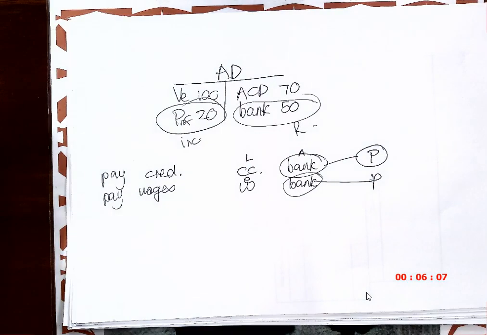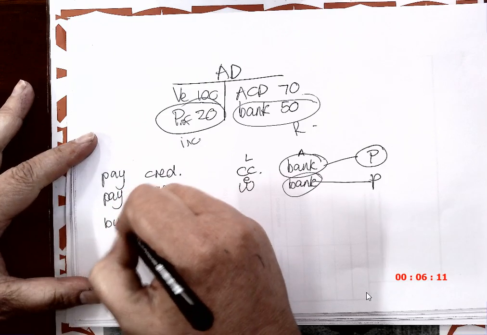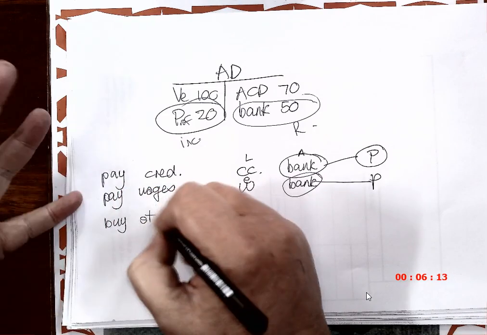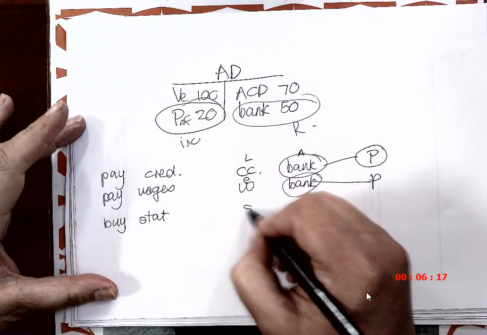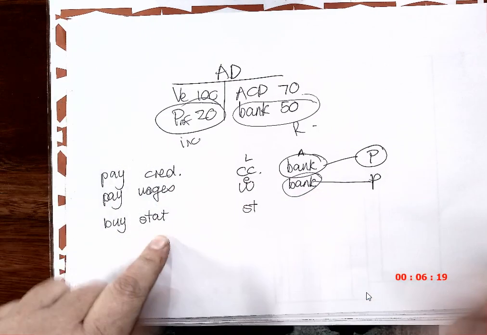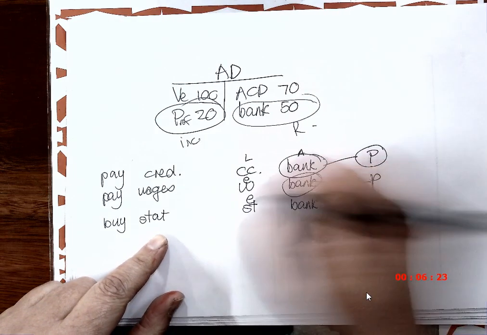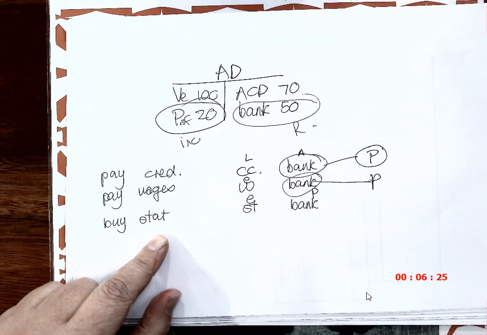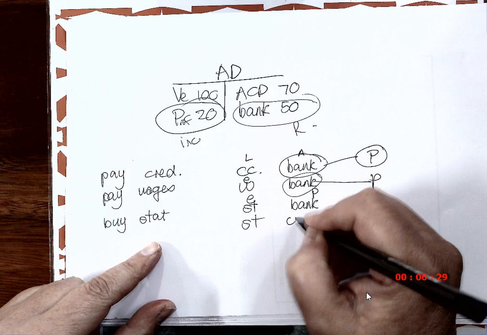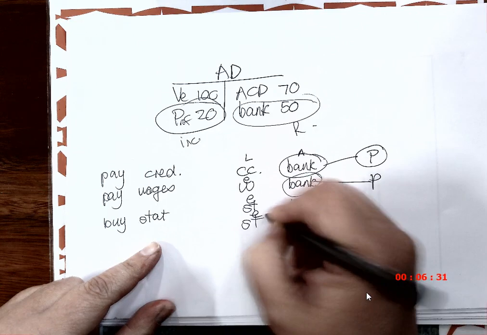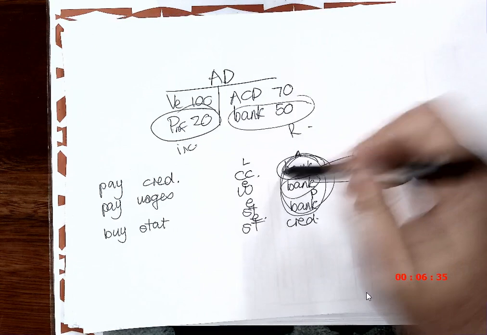So if I had said here, buy stationery, okay, if I buy it cash, can you see it's going to be an expense and a payment? But if I buy it on credit, it will only be an expense because bank makes it cash.